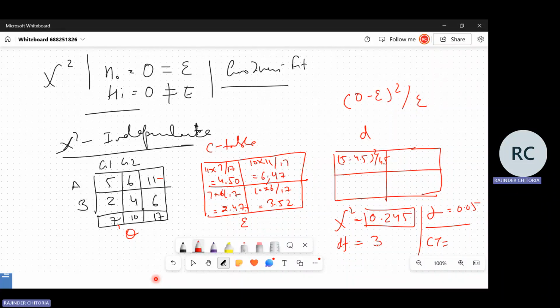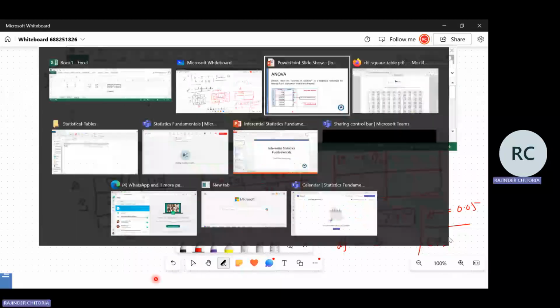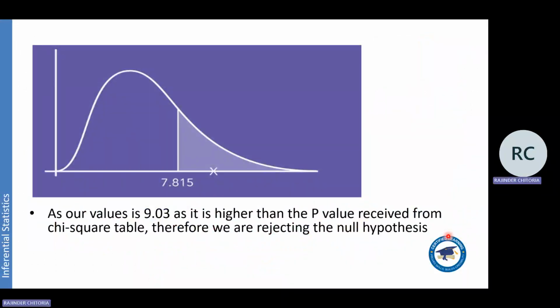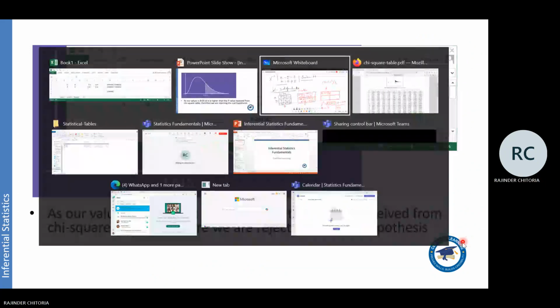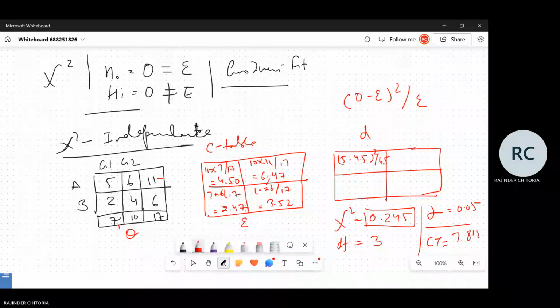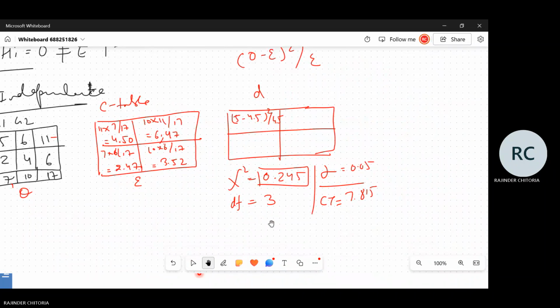Earlier also we have tested this, and in that case we got a critical value of 7.815. As my chi-square value is less than this critical value, we can say the null hypothesis is true: they are independent.